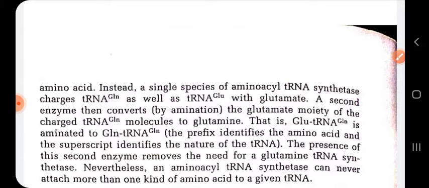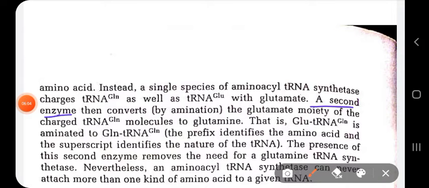Then second, there will be a second enzyme which will convert that glutamate moiety of the charged tRNA molecule to glutamine. So the tRNA which was previously charged by the amino acyl tRNA synthetase with glutamate has been converted to glutamine with the help of the second enzyme.